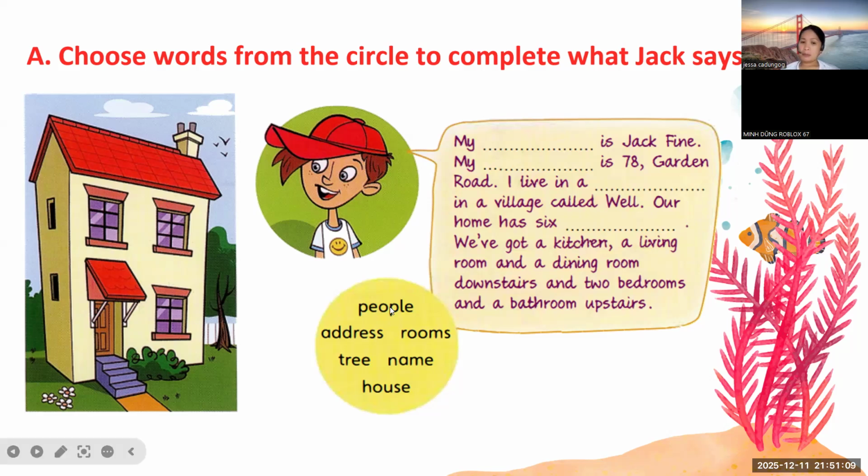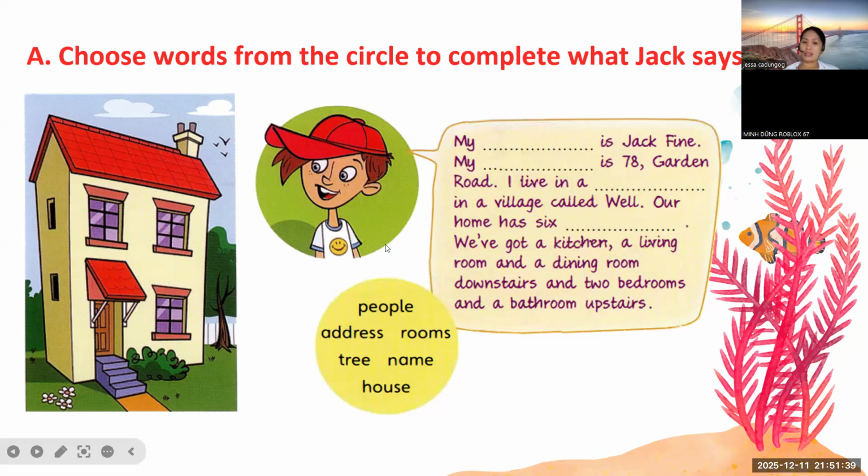Is it my people, my address, my room, my tree, my name, or my house? My blank is Jack Fine. What do you think? My house? My house is Jack Fine? What is Jack Fine? Is it a house? Again, it's a name.